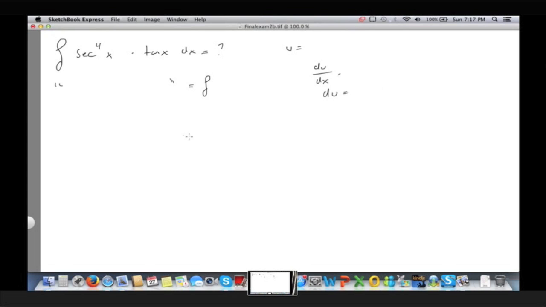Let's see. Well, if we rewrote this, yeah, I think I know. Maybe not. First, I'm going to rewrite this as secant x times secant cubed x.